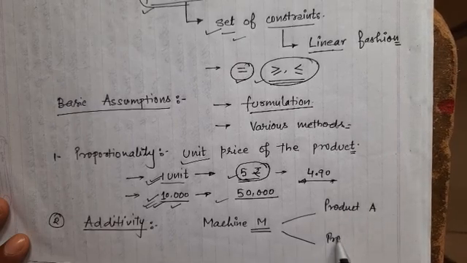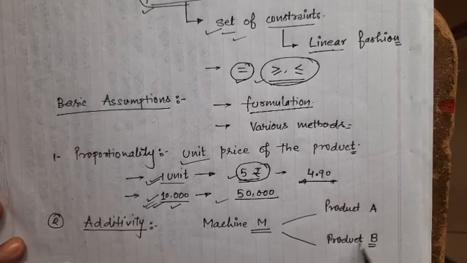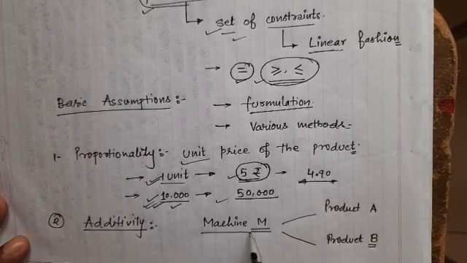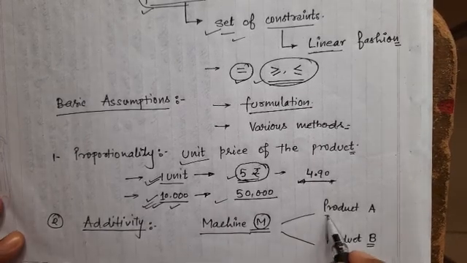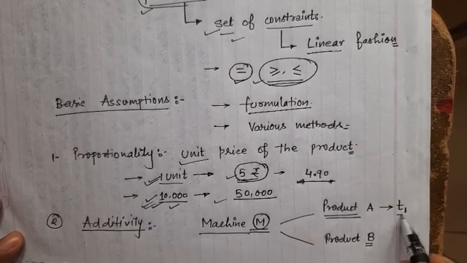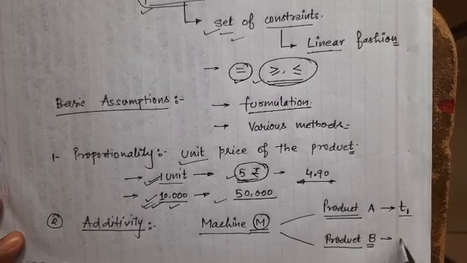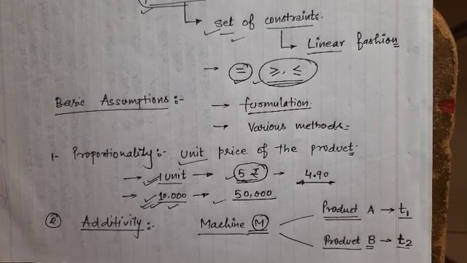Two different products A and B are processed on the same machine M, and let the processing time for product A be T1, and for product B it is T2. These are the processing times, T1 for product A, T2 for product B.